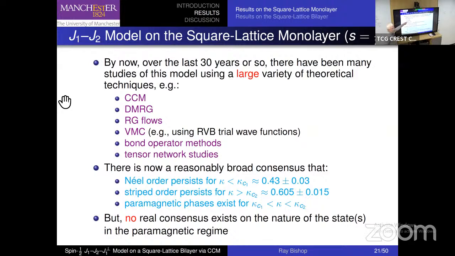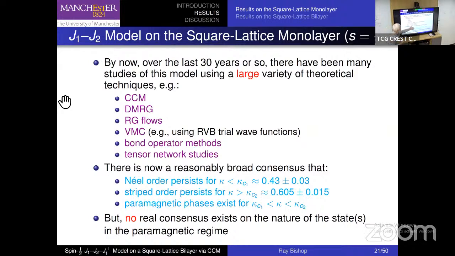Density matrix renormalization group flows, variational Monte Carlo, bond operator methods, other tensor network studies. By now, there is a reasonably broad consensus that Néel order persists out to a value of about 0.43, less than a half.